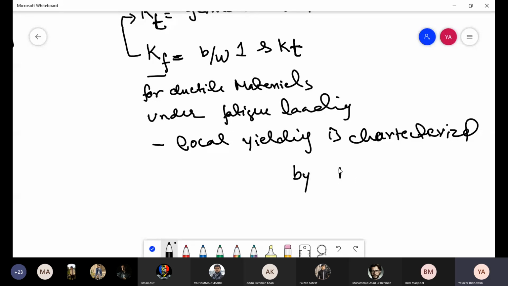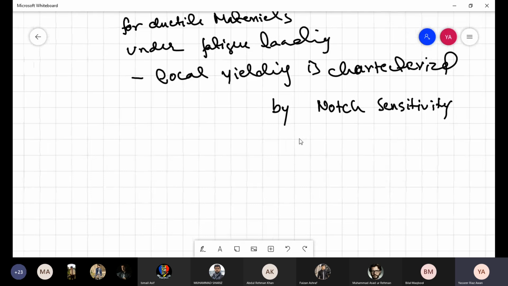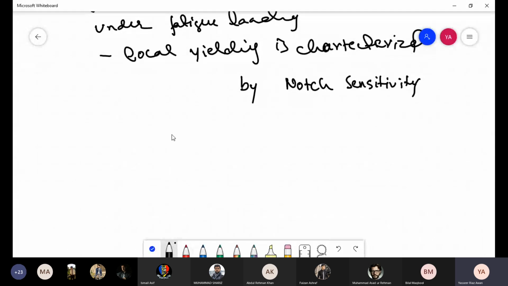by a term that we call notch sensitivity. So as is the topic, that is stress concentration, fatigue stress concentration factor and notch sensitivity. Notch sensitivity is a parameter that depends upon material and notch radius.